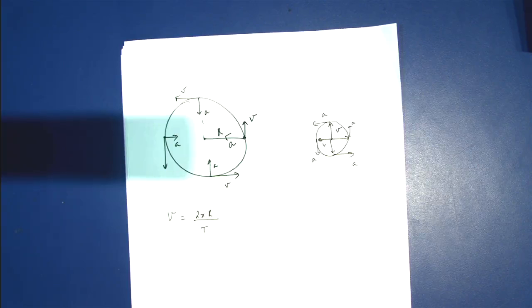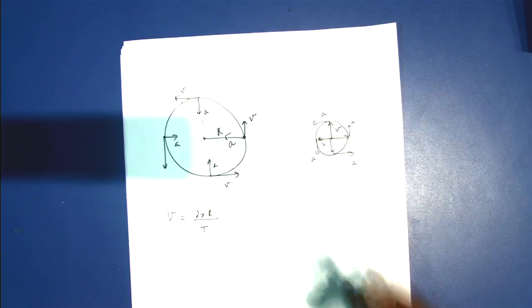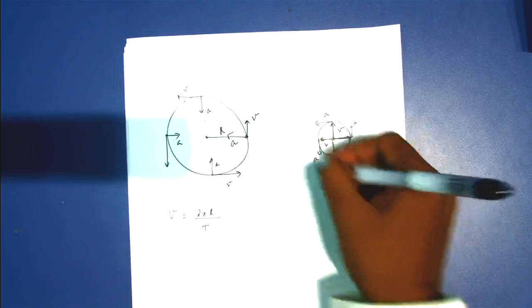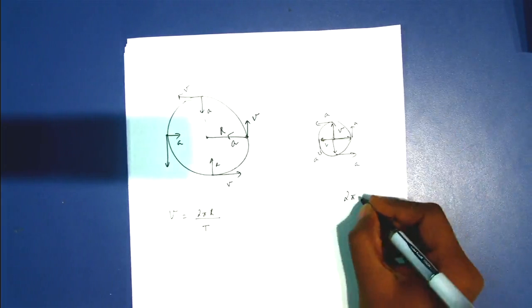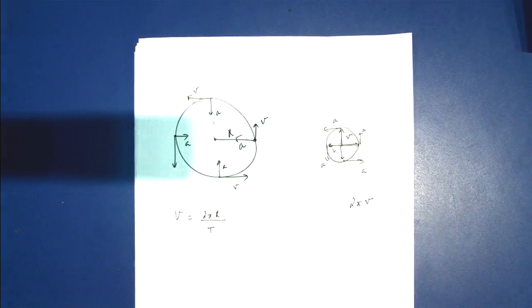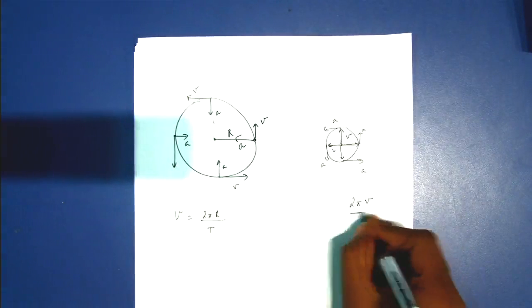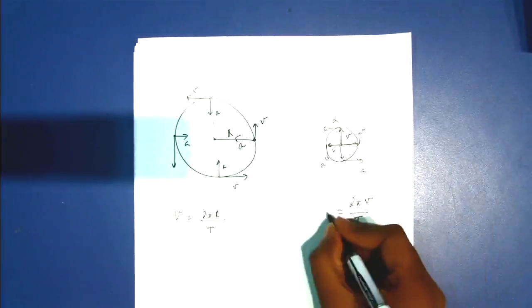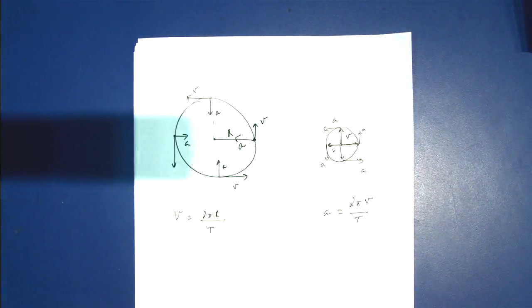And now we do that for my velocity circle. The radius of this circle is v, so the circumference of this circle is 2 pi v. And that divided by t is the rate of change of velocity, so that's a. Does this make sense?